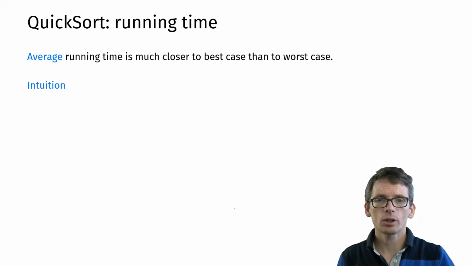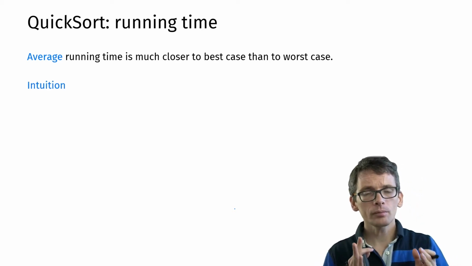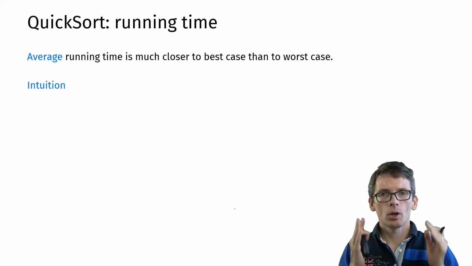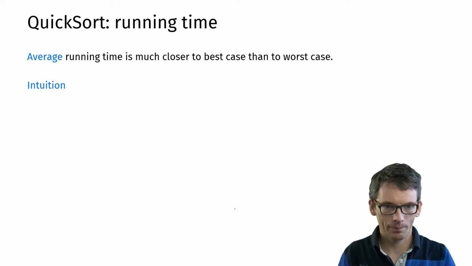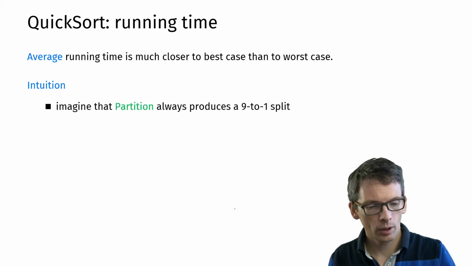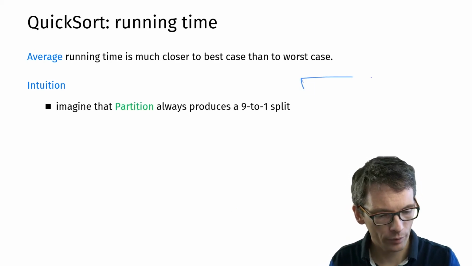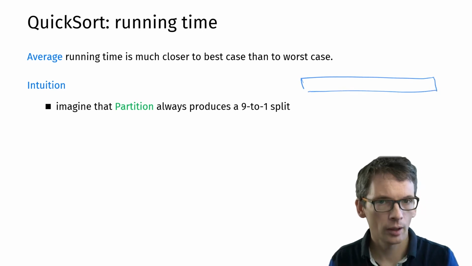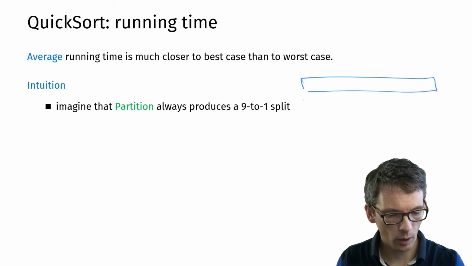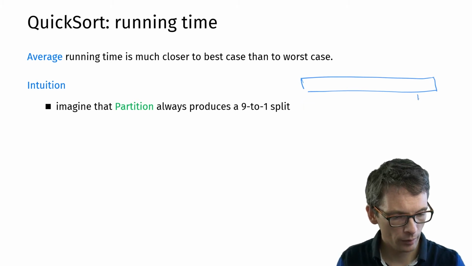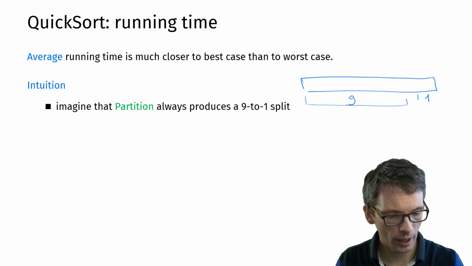So the intuition is the following. Imagine the partition would always produce a 9-to-1 split. Imagine this is our array, and 9-to-1 would be that, let's say this is 1 unit, this is maybe 9 units.